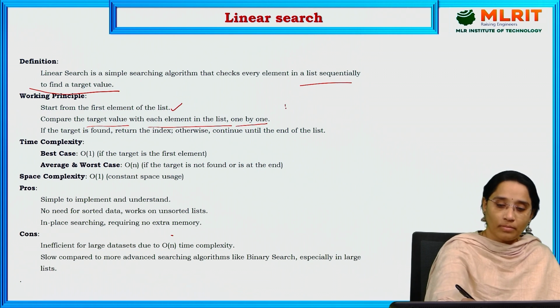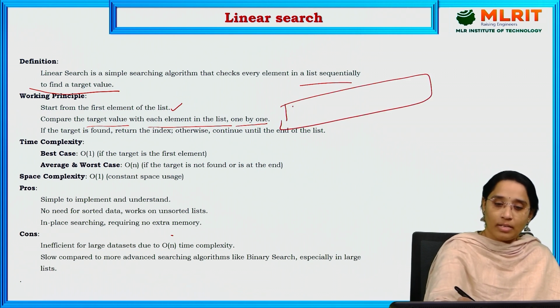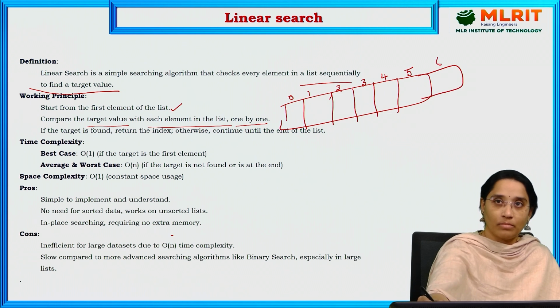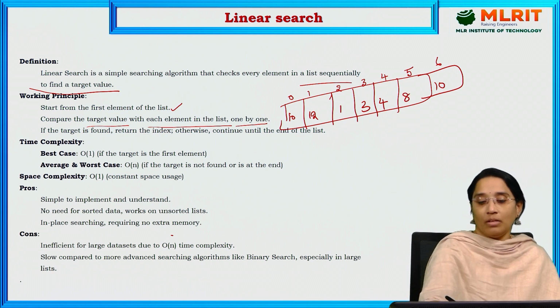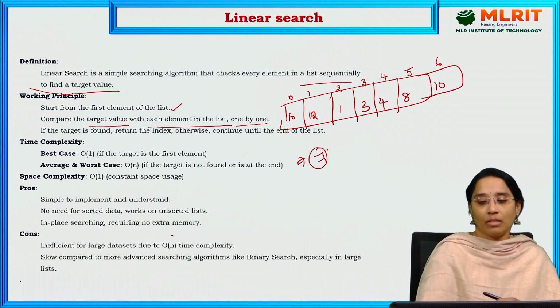Suppose we consider this as an array. So this is my array. The total number of elements in the array is 7.